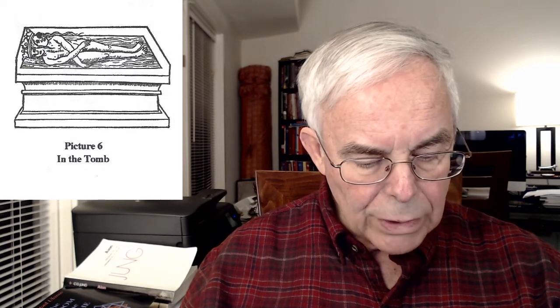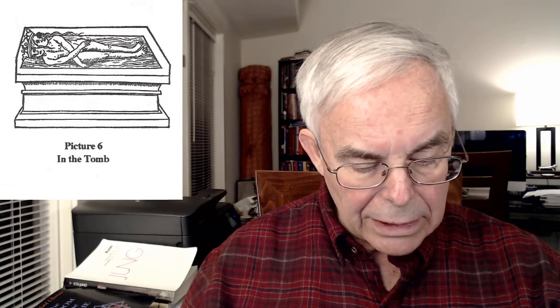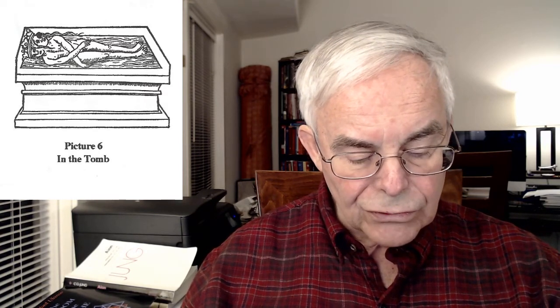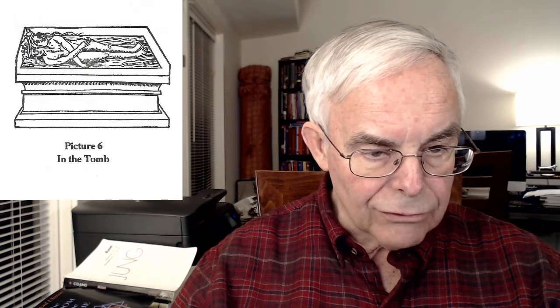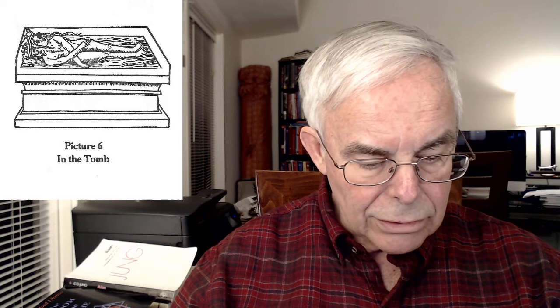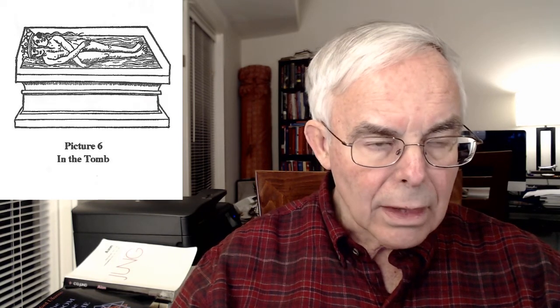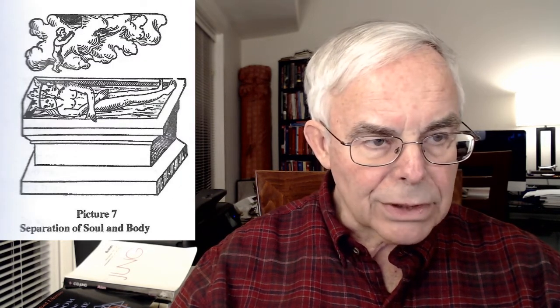Pictures 6 to 8, in the tomb, separation of soul and body, and Gideon's dew, correspond to the crucifixion, lamentation, and entombment of Christ. So this is the crucifixion. This is the lamentation.